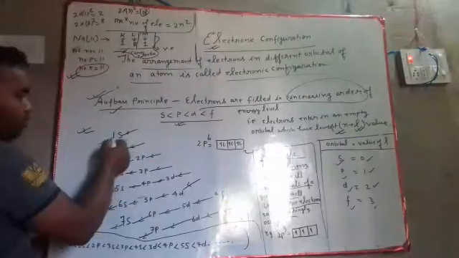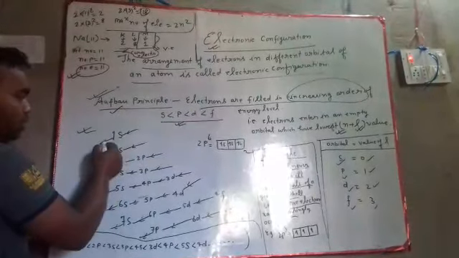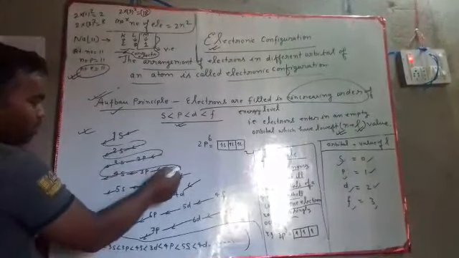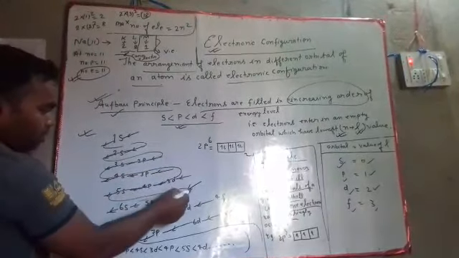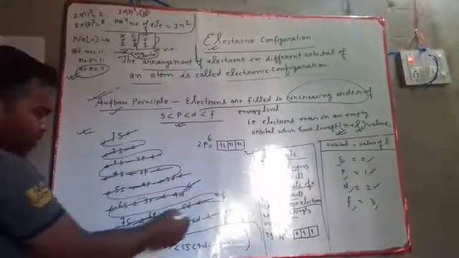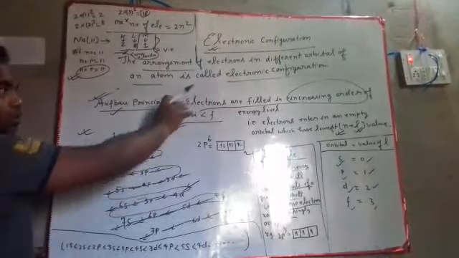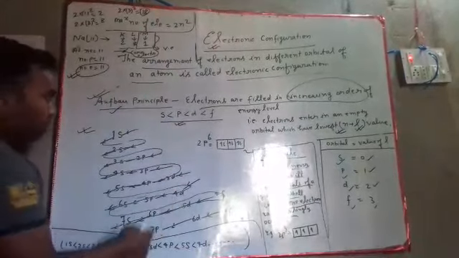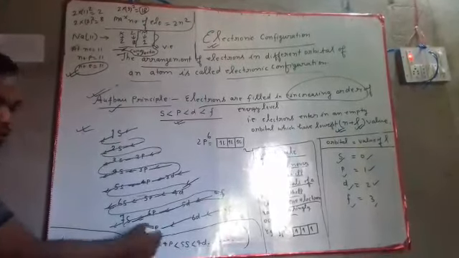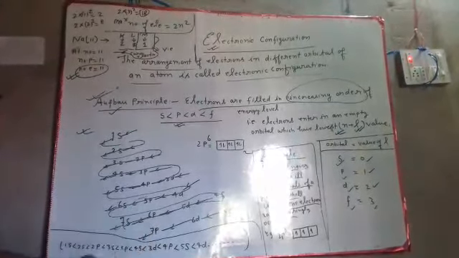Electrons first enter the 1s orbital, first orbit, then after the second orbit. This way electrons are filled up in different orbitals of an atom. So this is the summary of electronic configuration. So how can you write the energy level diagram? 1s, then 2s, 2p, 3s, 3p, like this you can draw the energy level diagram.